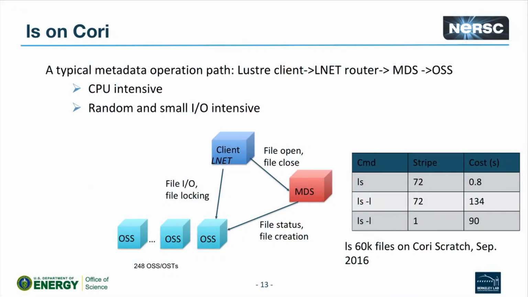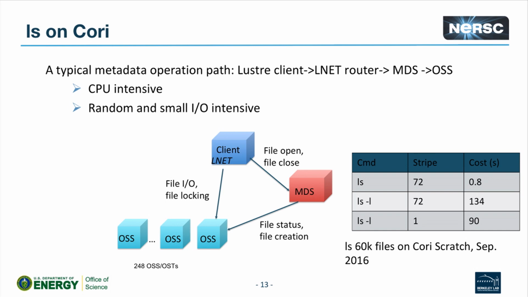And we should keep in mind that there is some difference between those commands. Also, the stripe count matters. If you have 48 as a stripe count, and you do ls -l and query 60,000 files, all the queries will go through the LNet router to the single metadata server, and then go through hundreds of storage servers, 100 object storage servers.